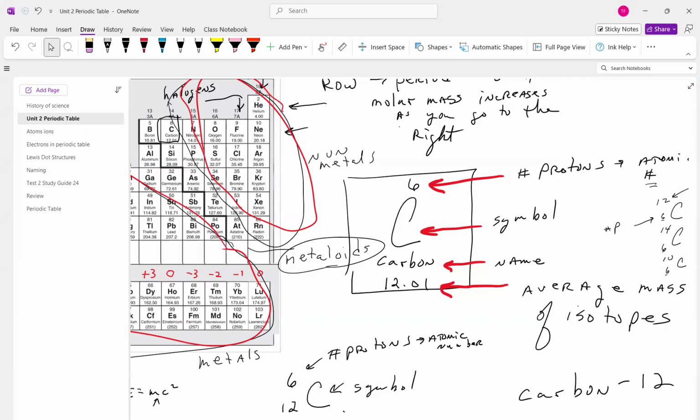So that means there's carbon-14, there's carbon-13, carbon-12, carbon-11, etc. Average all those masses together, and you get 12.01. Now, because that's closest to carbon-12, that means the most common isotope for carbon is carbon-12. But anyway, that's what the decimal number is. Again, that's the average of all the isotopes.